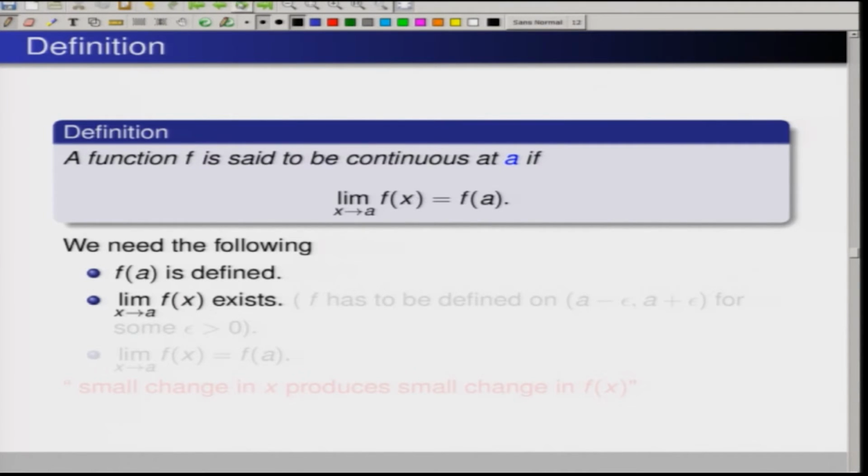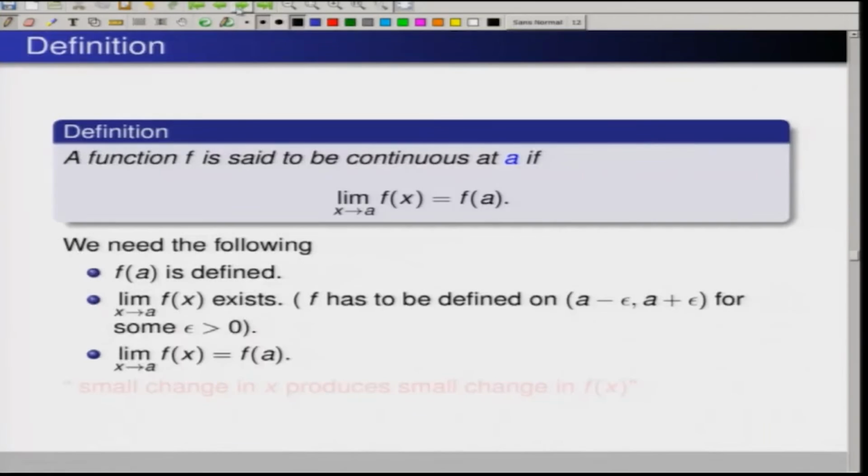In order for the limit to exist, f has to be defined in some neighborhood of a, and f of a is defined. So, it is defined on the entire neighborhood a minus epsilon to a plus epsilon. Then f is defined in this neighborhood, you can find the limit, and check whether it is equal to f of a, which is also defined.